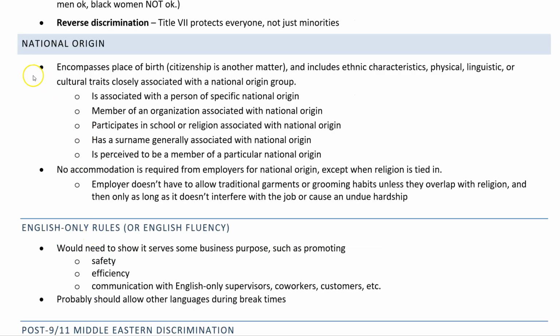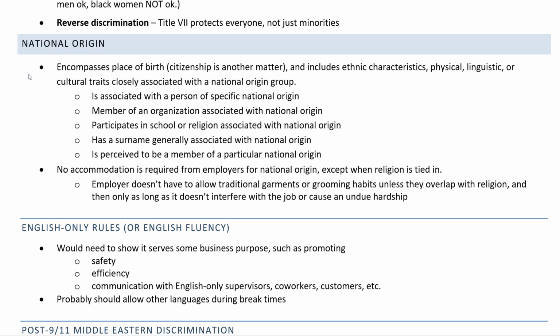Now we talk about what constitutes national origin. This can encompass the place of a person's birth. Now, citizenship is another matter, because where a person's born doesn't always necessarily correlate with what citizenship they have.